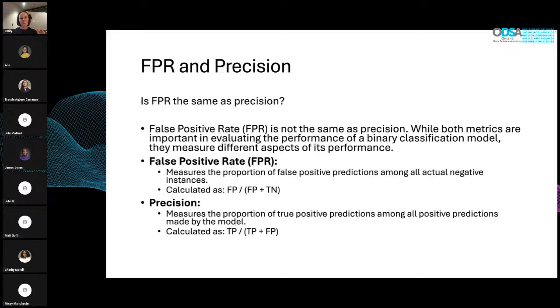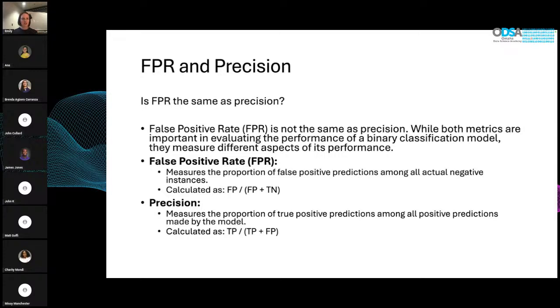The precision measures the proportion of true positive predictions among all positive predictions made by the model. So of the predictions that we make as positive predictions, how often are we correct? It's the true positive over the true positive plus the false positive.